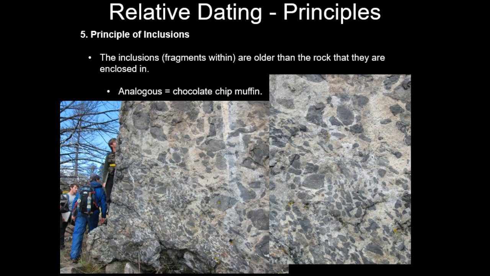So this happens, for example, when a magma body is flowing at depth and is less dense than the surrounding rocks, and so it's rising upwards. As it's rising upwards, its heat is basically making surrounding rocks dislodge larger pieces, larger fragments.